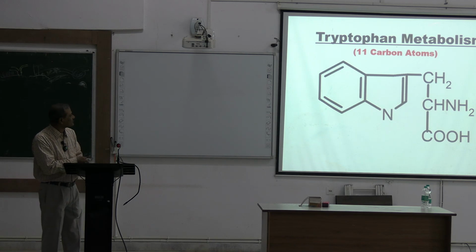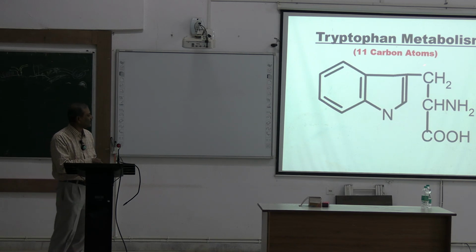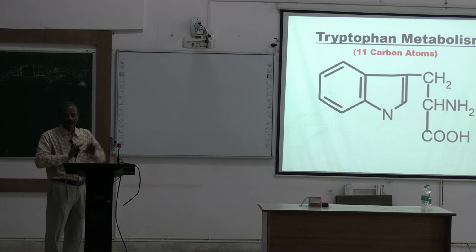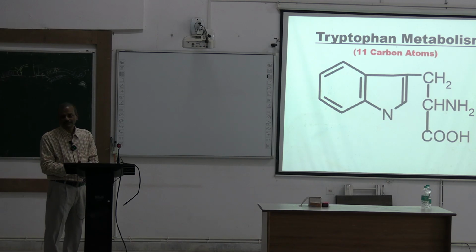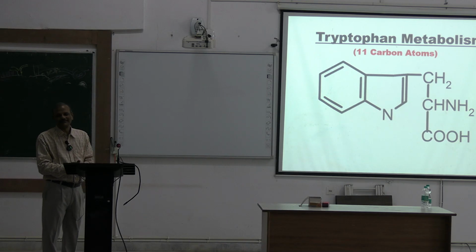So first and foremost, tryptophan has 11 carbon atoms. It is fully catabolized into 11 carbon atoms. How? I will show it to you. So this is, you remember, what type of ring is it?